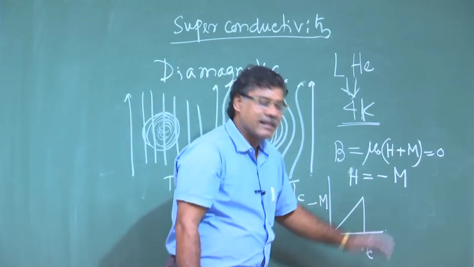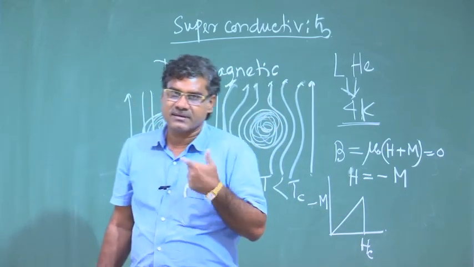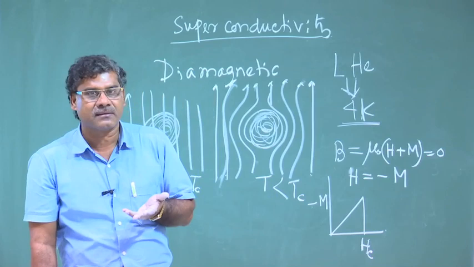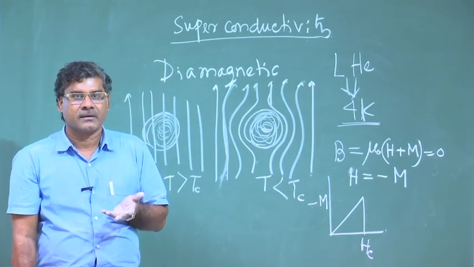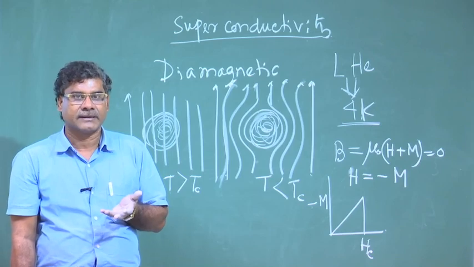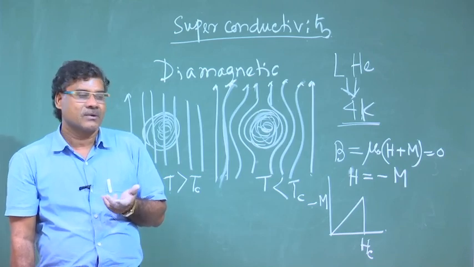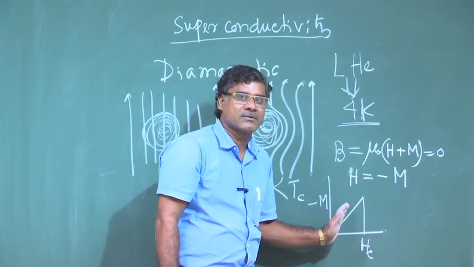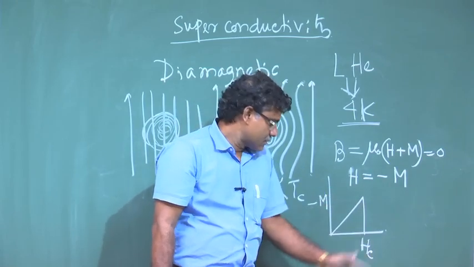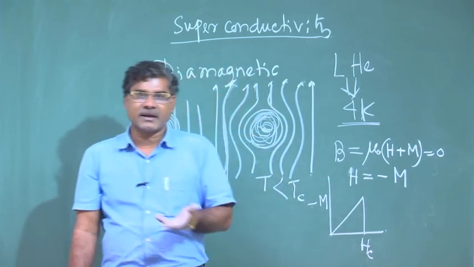Then we say that superconductivity is destroyed by the magnetic field. It goes from the superconducting state to the normal state. So, this is the critical magnetic field.